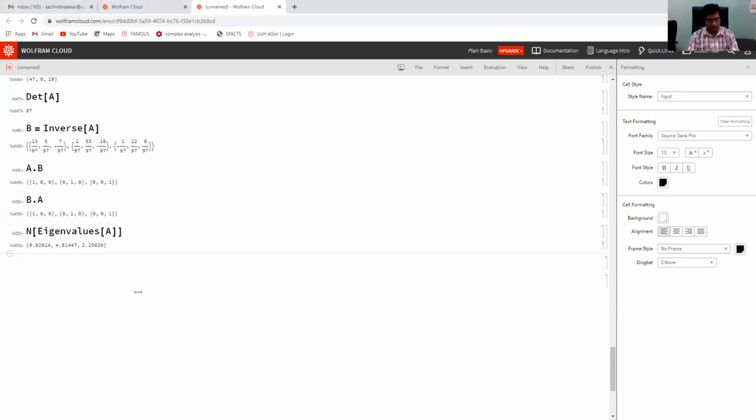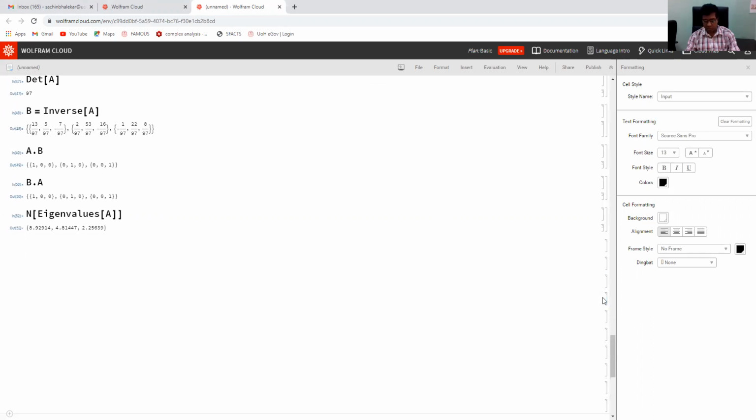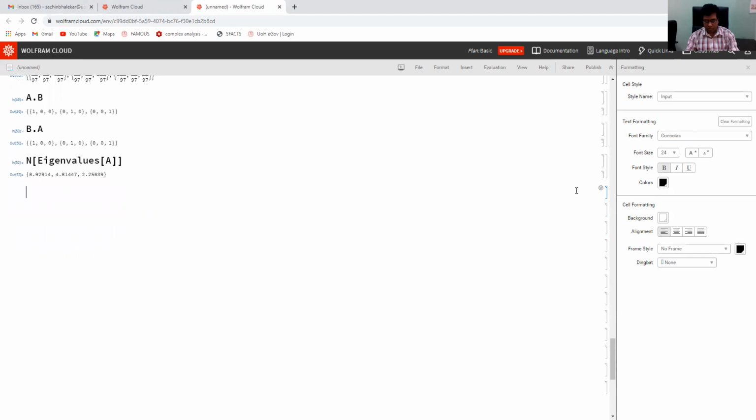Let us find eigenvectors. There is Eigensystem also, which will provide eigenvalues as well as eigenvectors.